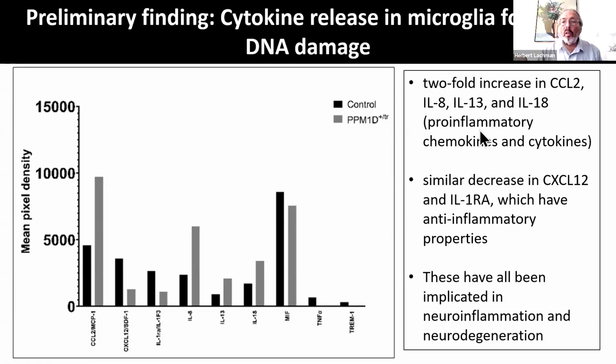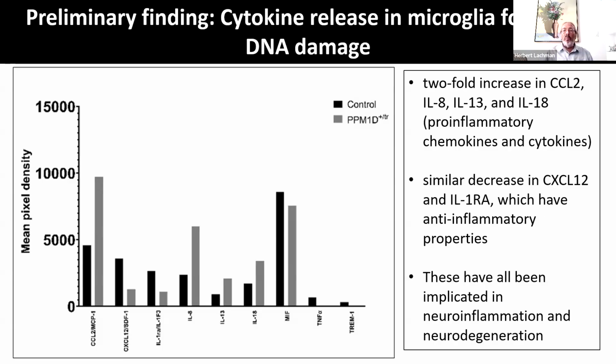We see a twofold increase in CCL2, interleukin-8, interleukin-13, and interleukin-18, which are pro-inflammatory cytokines and chemokines, and a similar degree of decrease in CXCL12 and interleukin-1RA, which are chemokines and other immune modulators that have an anti-inflammatory property.